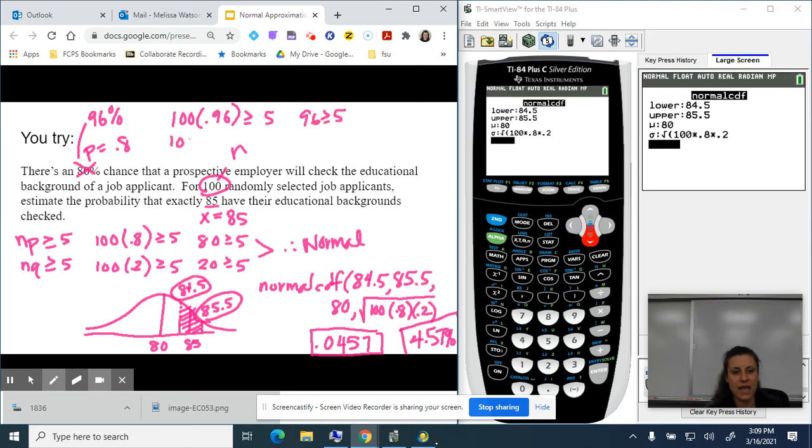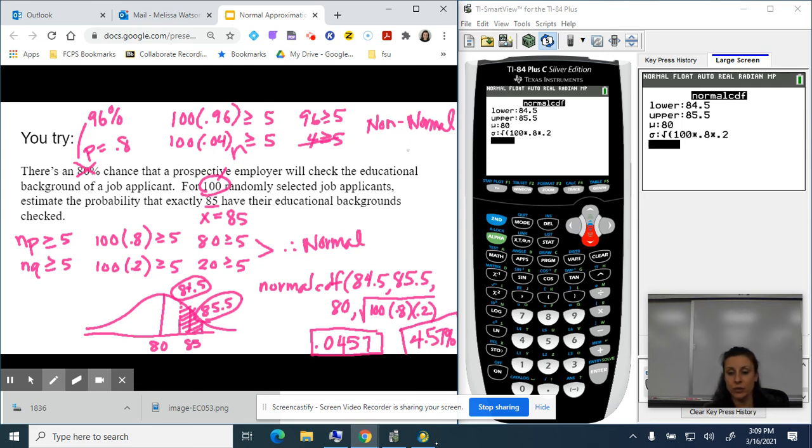But when I multiply N times Q, I only get 4. That is not at least 5. So I would not be able to use a normal curve because this is a non-normal distribution. The probability of success is so high and the probability of failure is so low that it's going to be a skewed distribution. So we can't use the normal distribution to approximate it.